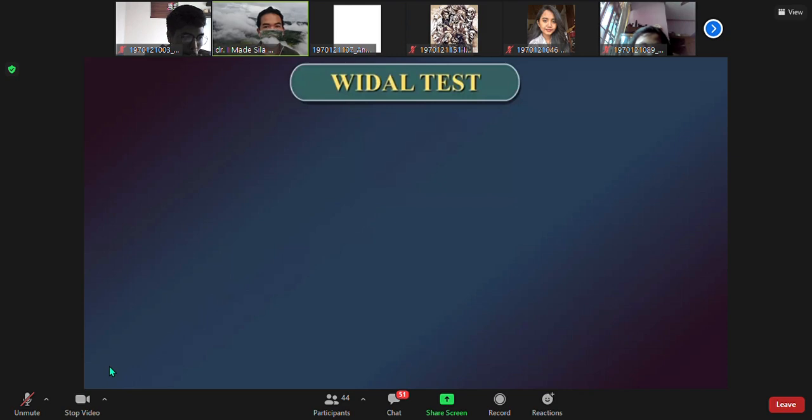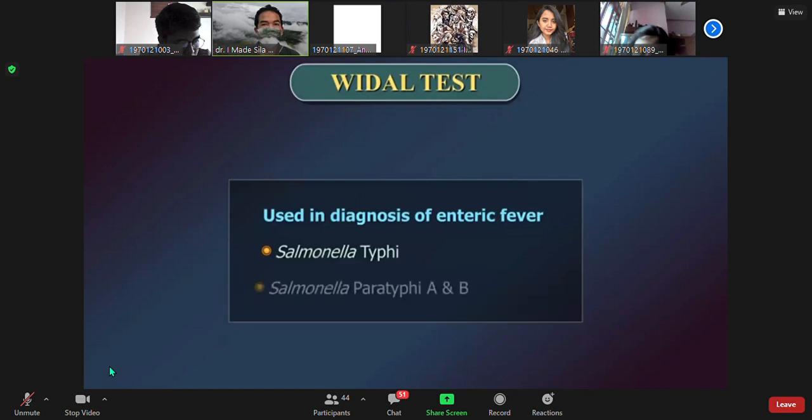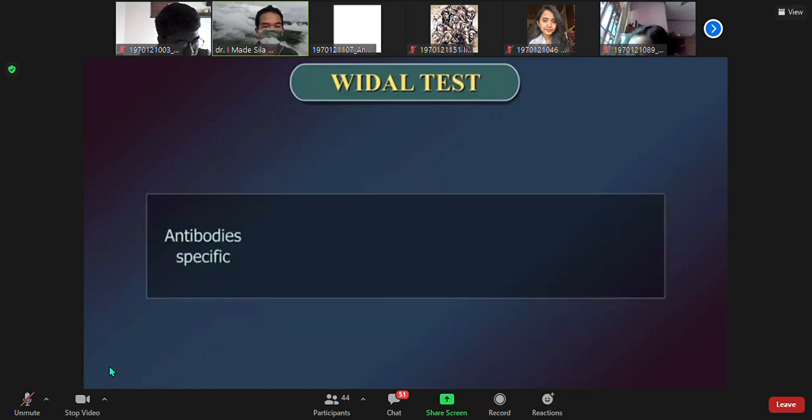Vidal test. Vidal test is used in the diagnosis of enteric fever, that is, typhoid and paratyphoid fever, Salmonella typhi, and Salmonella paratyphi A and B respectively.